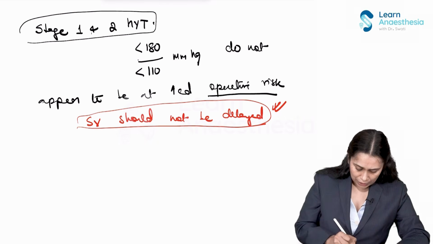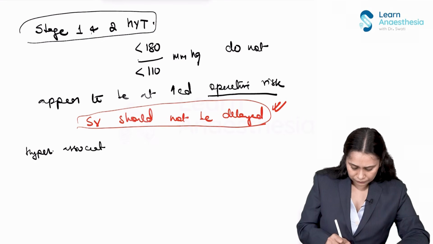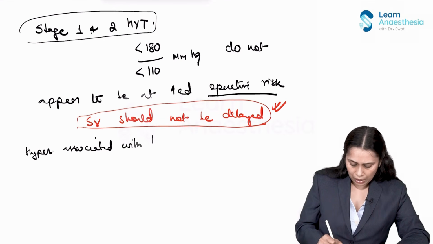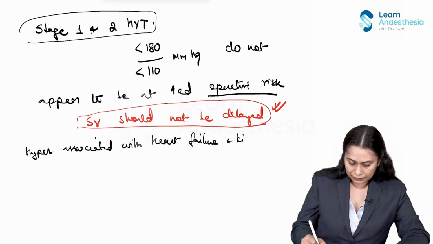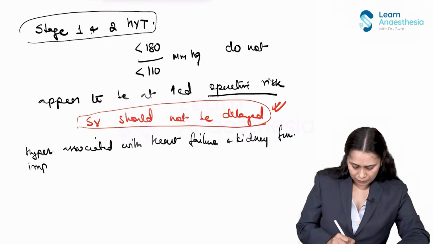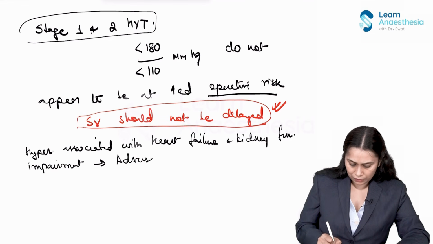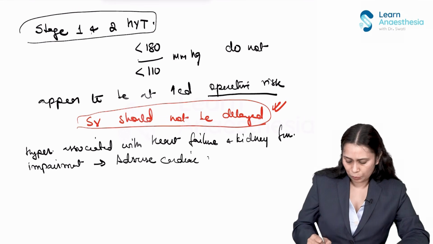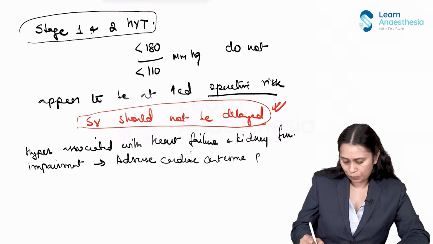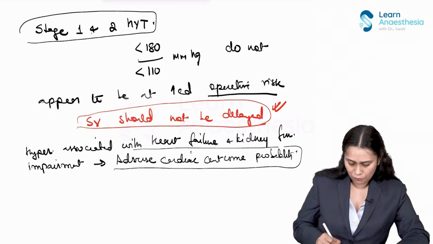So hypertension associated with heart failure and kidney function impairment has an adverse cardiac outcome probability.